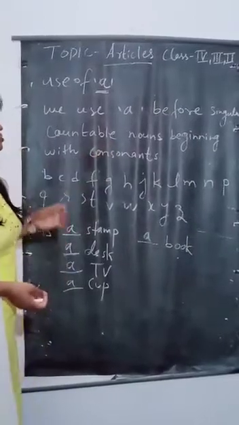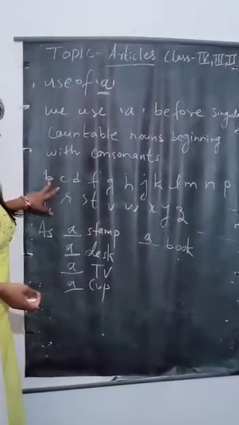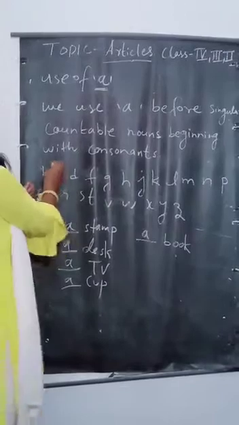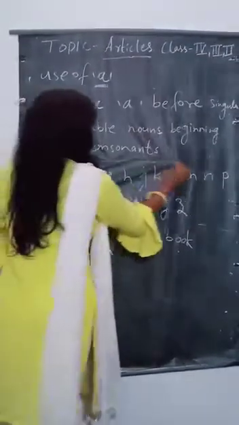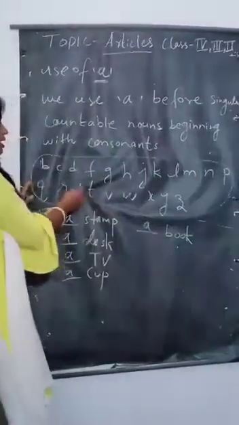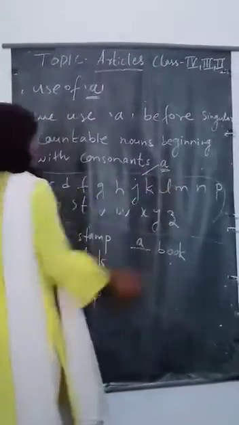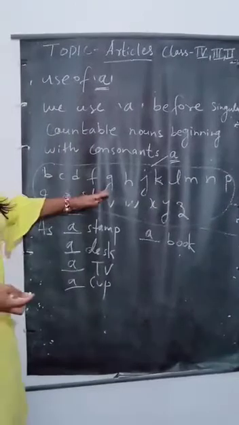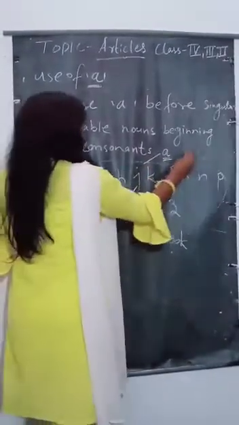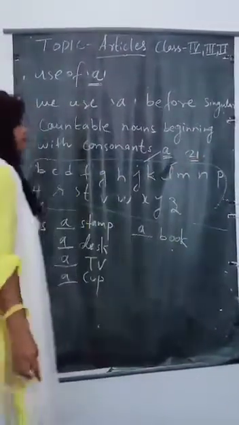A is used before a consonant sound. There are 21 consonants.